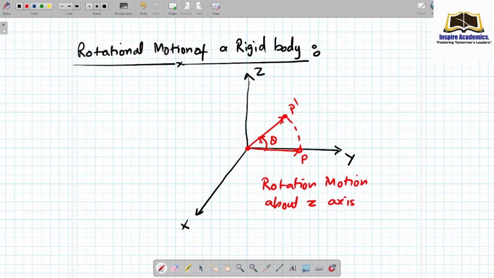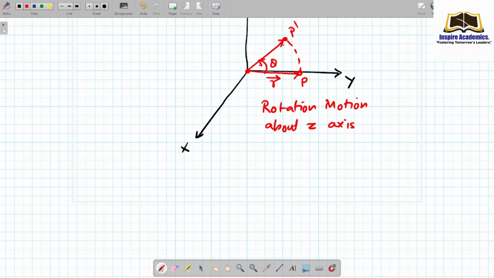In the first thing, we are assuming that this body is rotating and its omega is increasing with respect to time.